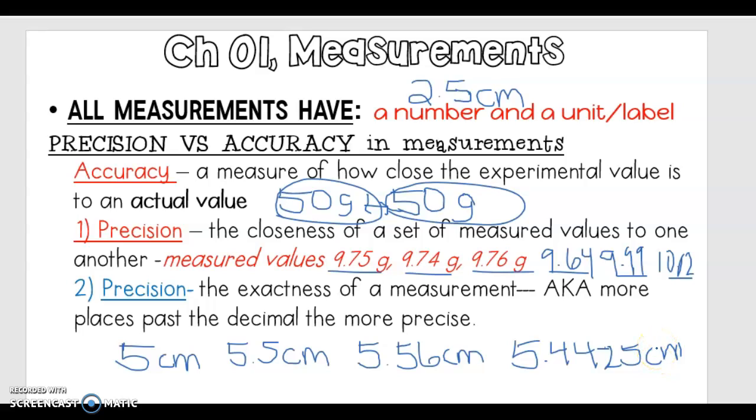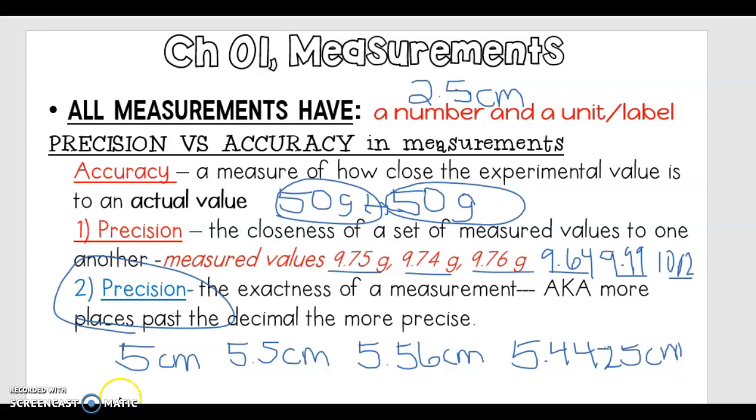A place that you guys might appreciate or understand precision, the second definition especially, is if you've ever seen a home improvement show, or think of any renovations that may have happened in your houses. The contractors have to be very precise in their measurements, or else all of the things in the kitchen or the bathroom, whatever you're having remodeled, isn't going to fit.